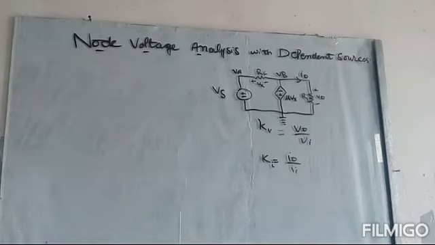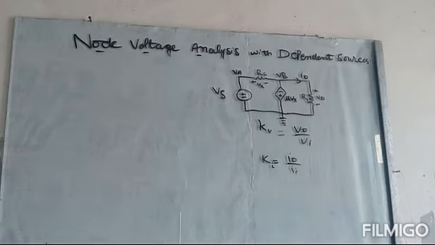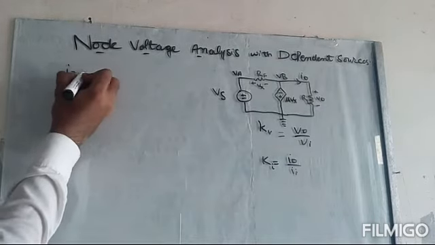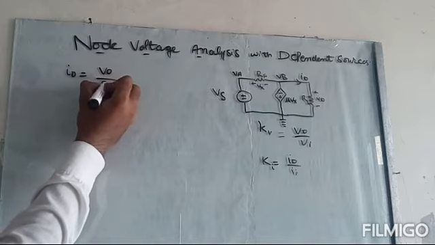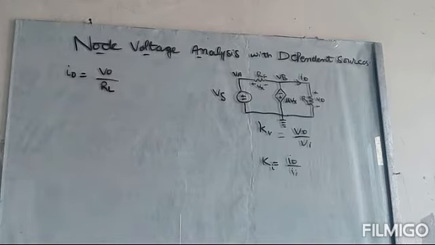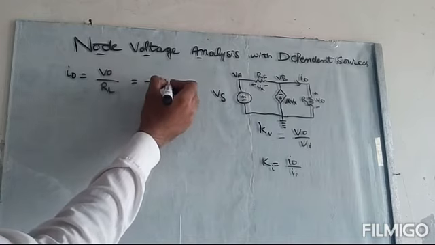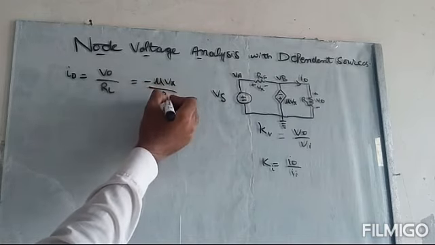Now we will find our Ki. Now we will find our current gain I0 over I input. So I0 is equal to, according to Ohm's law, V0 over RL. So I0 is equal to V0 over RL, and V0 is equal to minus mu Vx divided by RL.